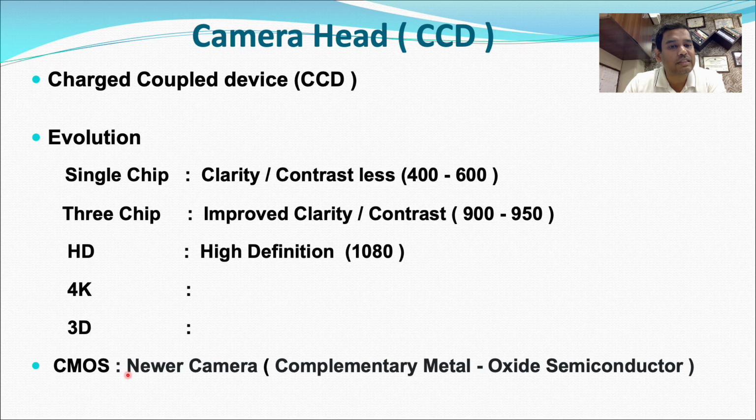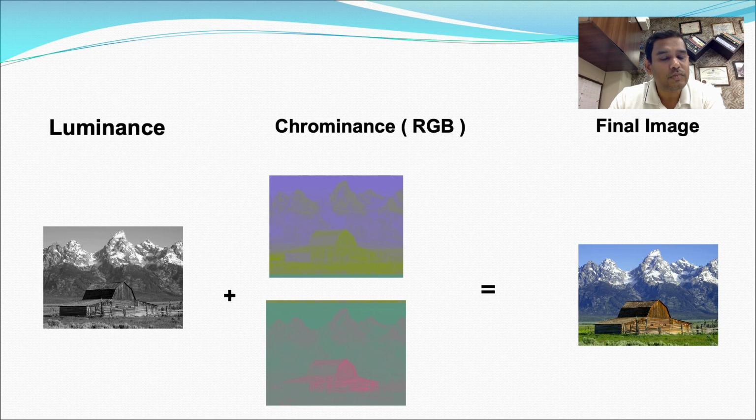A technology like CMOS has come up to further increase the clarity and stability of the image. So the image which we see is normally made of two things. One is luminance, that is the brightness, and second is chrominance, that is the color. So you have red, green and blue color. Together this will give you the exact image which is formed.